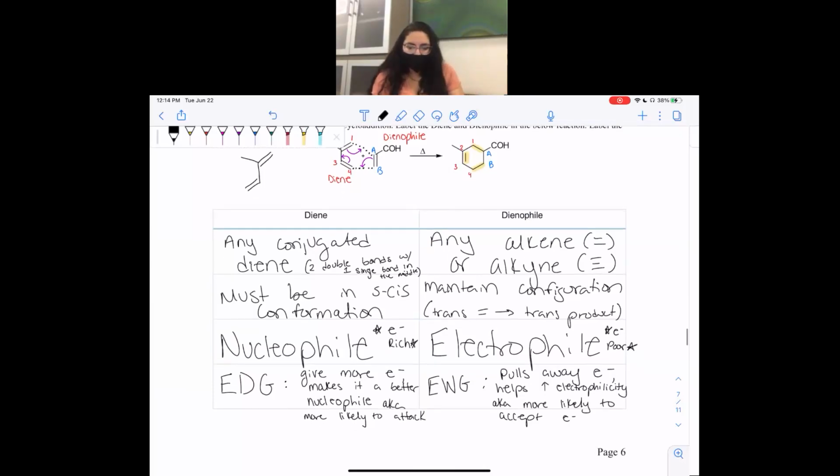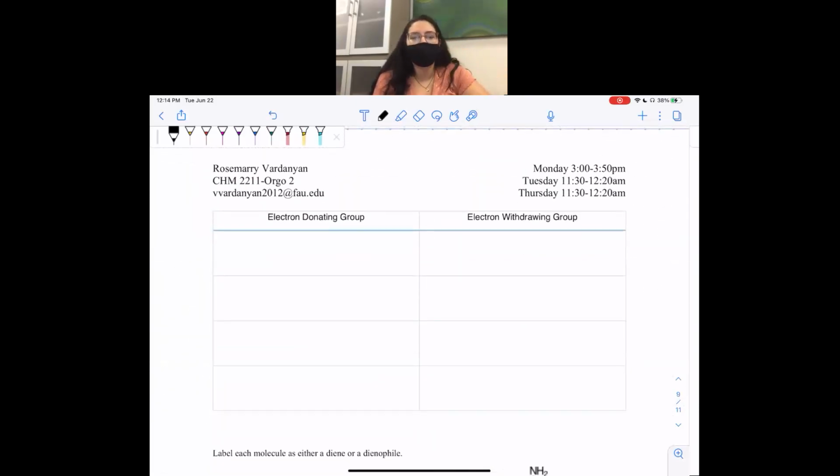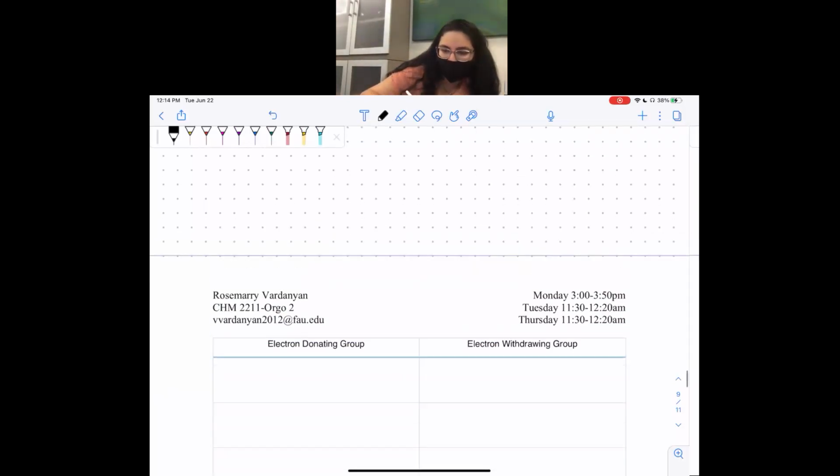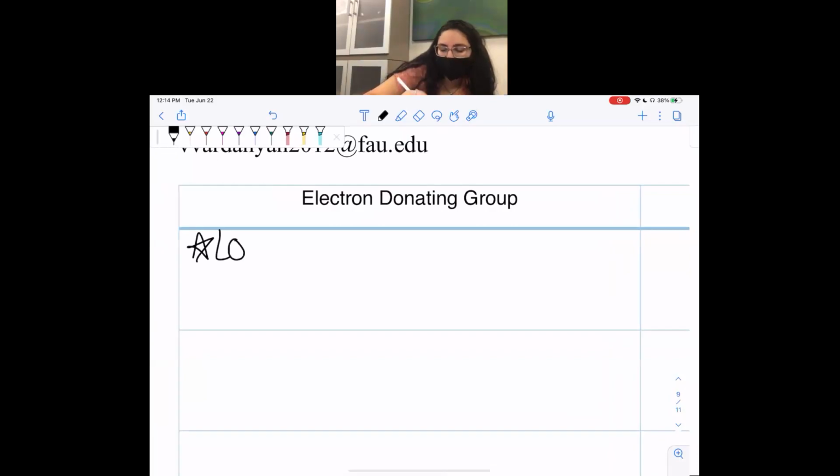So now we're going to talk about electron donating and withdrawing groups a little bit more. And I'm just going to give you kind of a list of different groups. So for electron donating groups, we have, I'm sorry, lone pairs.